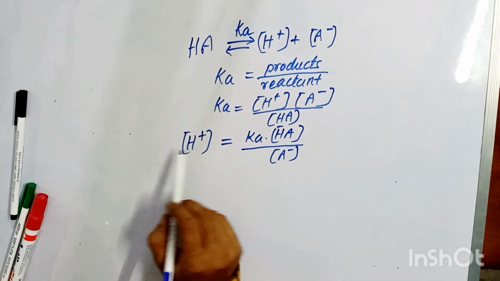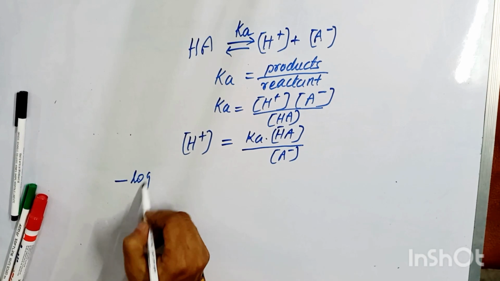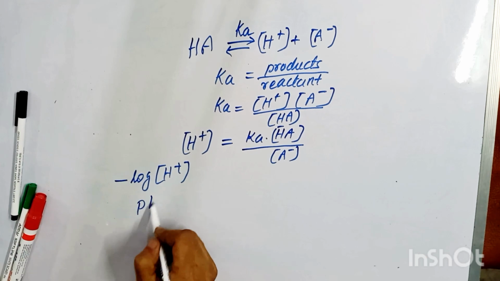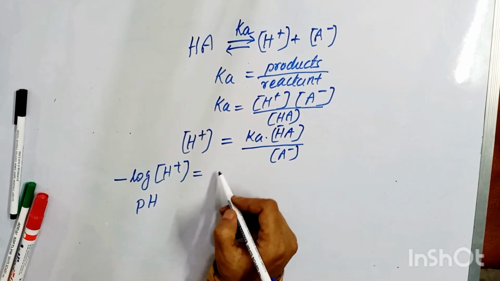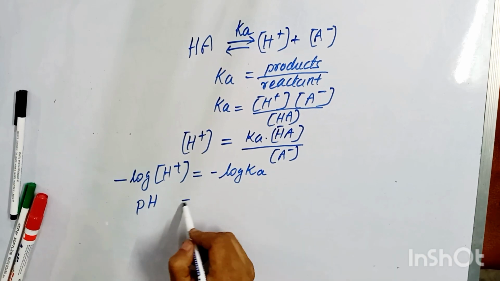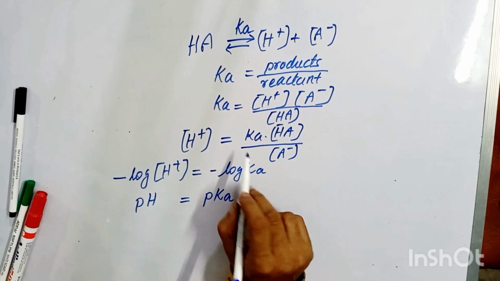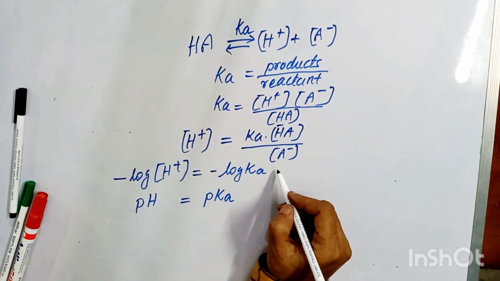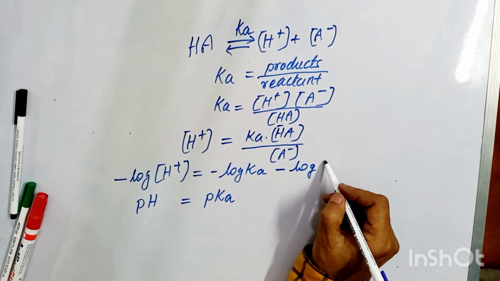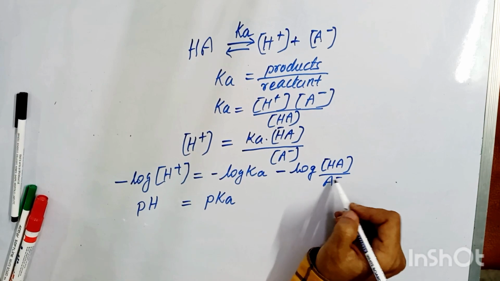If I take negative log on both sides, the negative log of H plus ions, which is actually pH, equals negative log of Ka, which is pKa, minus log of HA by A minus.